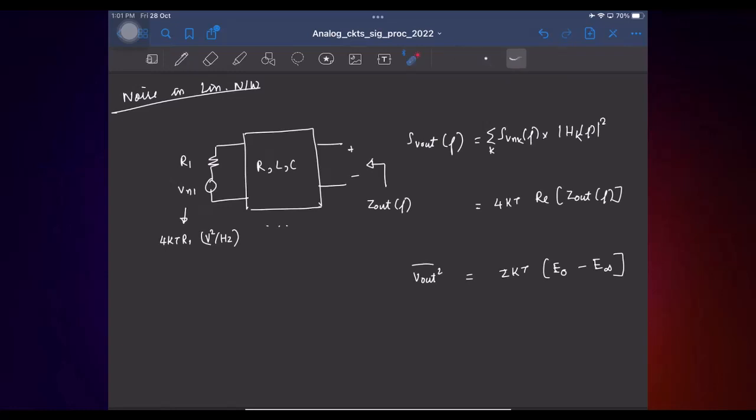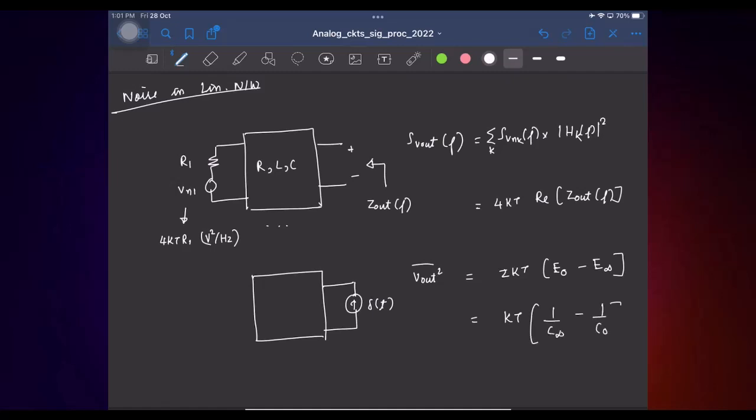At the output port? Okay. At the output side, I'll have to inject charge of 1 coulomb, which is basically an impulse current. Okay. And we saw this also simplifies to kT times C0. Okay.